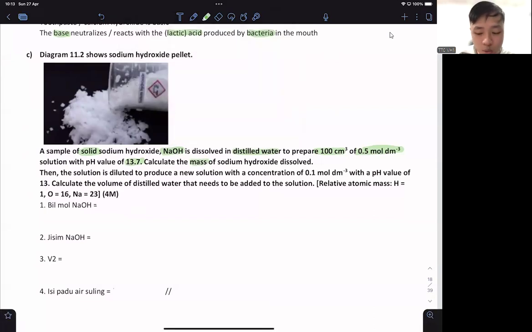Okay. So when they say mass, you have to remember, number of mole equals mass over molar mass. Of course, the other one is volume over molar volume, and also the number of particles over Avogadro constant.